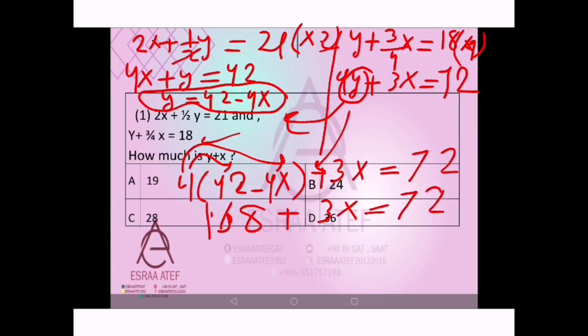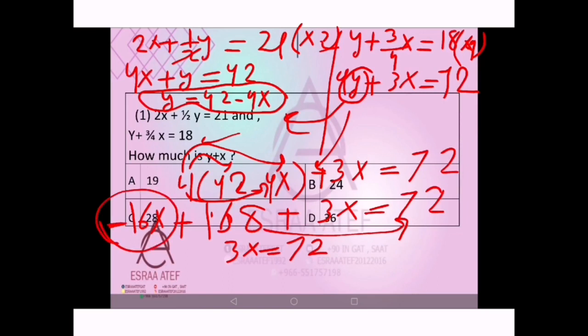Okay, and then solving the numbers with each other. So 3x equals 72. Here we have 4 times 4, which is 16x. Here we have negative 16x, so we will solve negative 16x with 3x, which is negative 16 plus 3, which means negative 13.